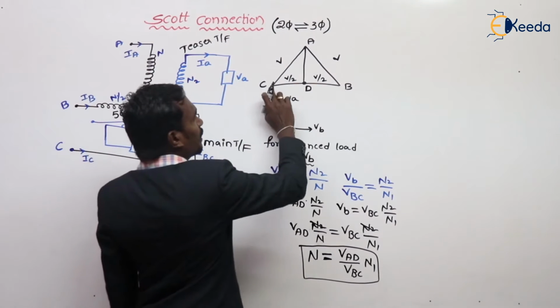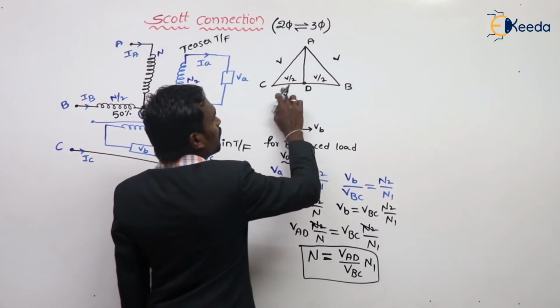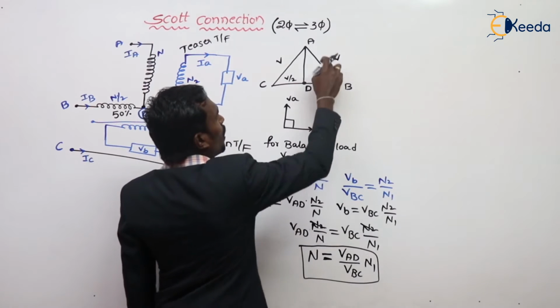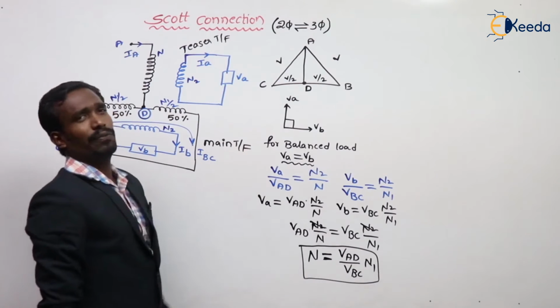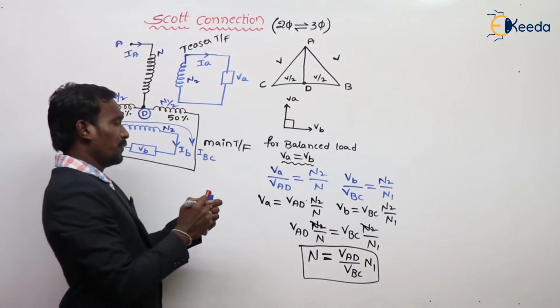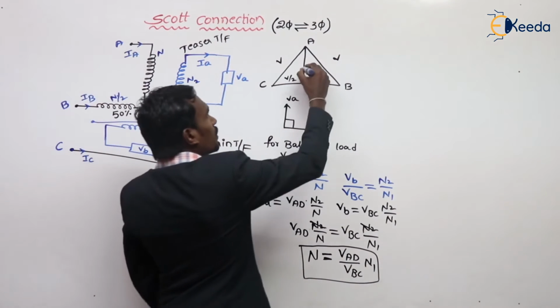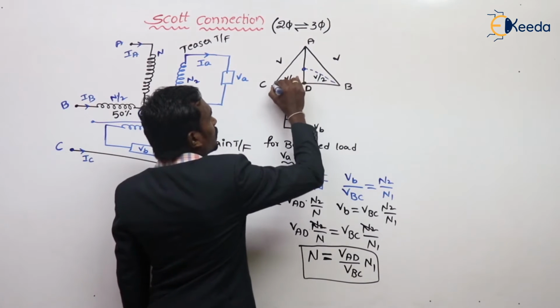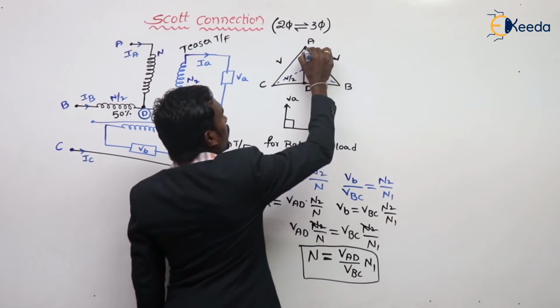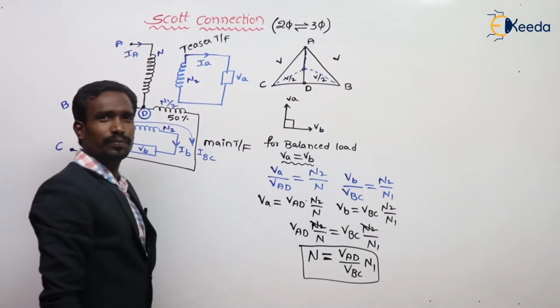So CD is V by 2 and DB is V by 2, and AB and CA are V. If you want a star connection, take this as the neutral point.